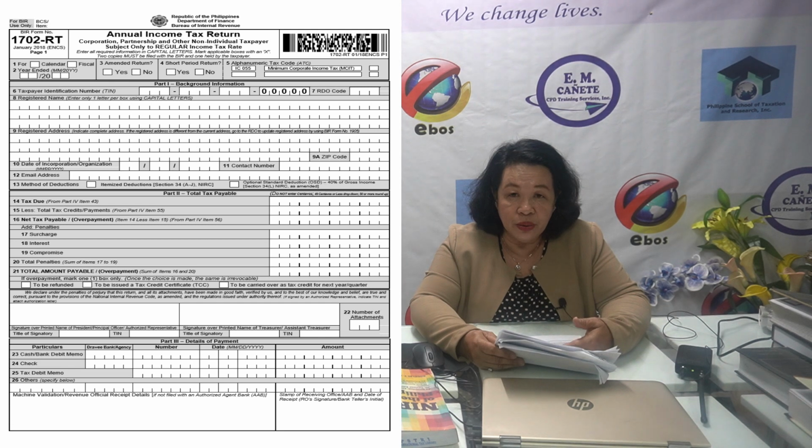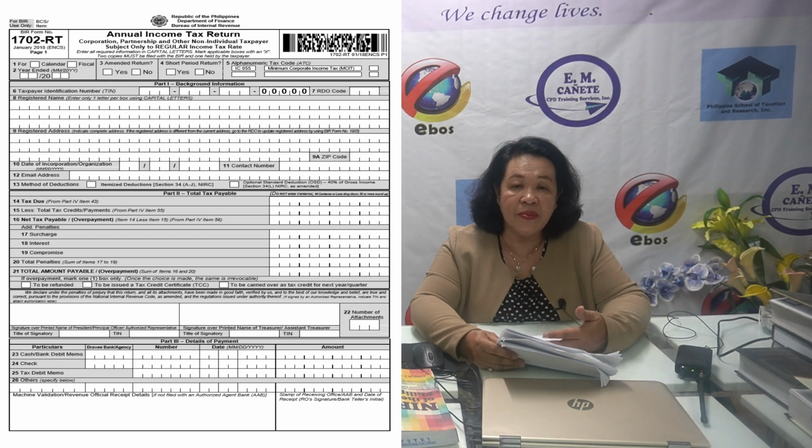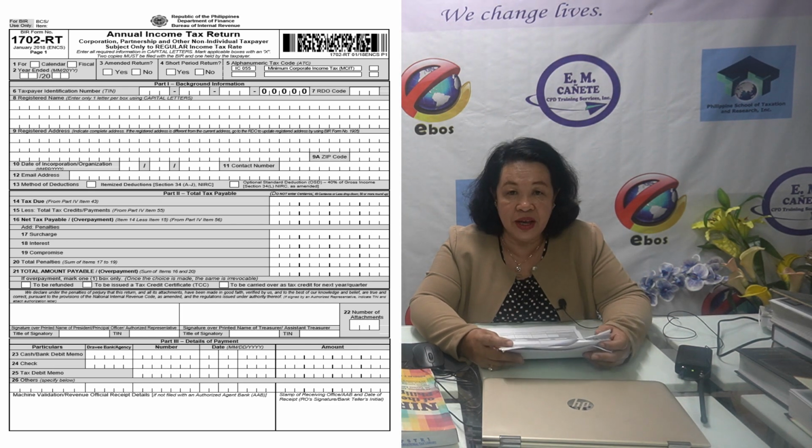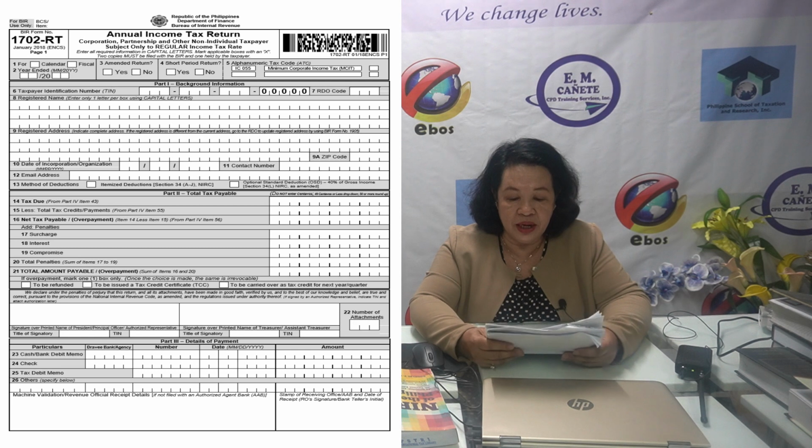You are going to go there and then change your address. How are you going to change the address? Have a board resolution and a secretary's certificate that you are going to change your address. Once you have the amended articles of incorporation with the new address, then it's time to go to the BIR, update your information, and fill out Form 1905 so that you can now change your address.